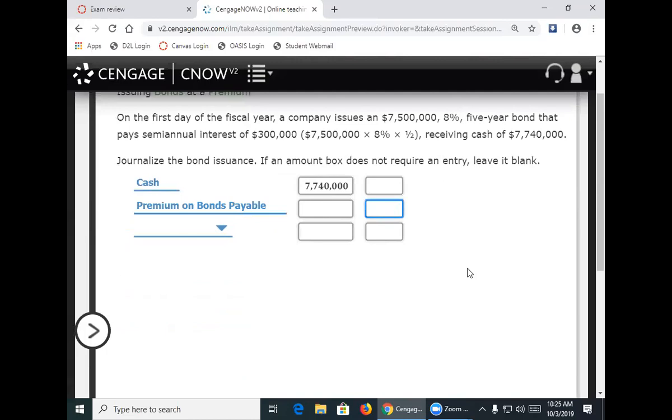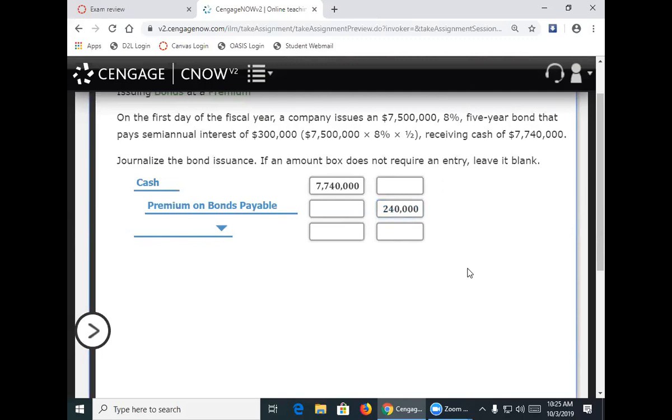In this case, we receive more cash, so we would take our $7,740,000 minus the $7,500,000. So the premium, or the amount that we received in excess of face value, is $240,000. Okay, so just the difference between the face value and the cash received. In this case, it's greater, so it's a premium.